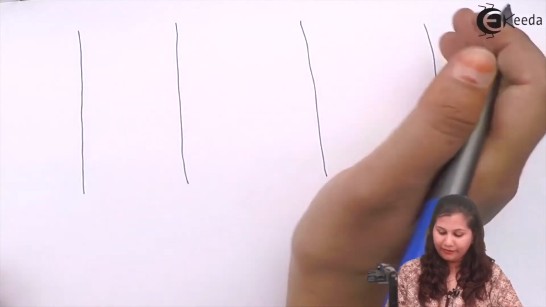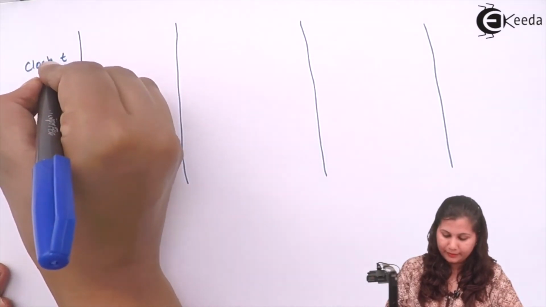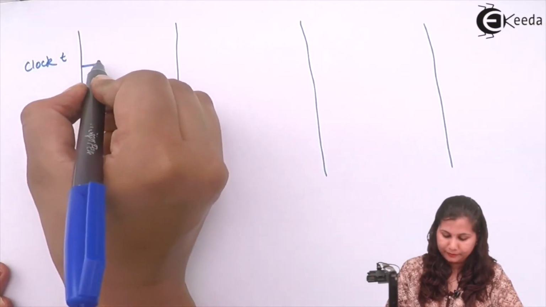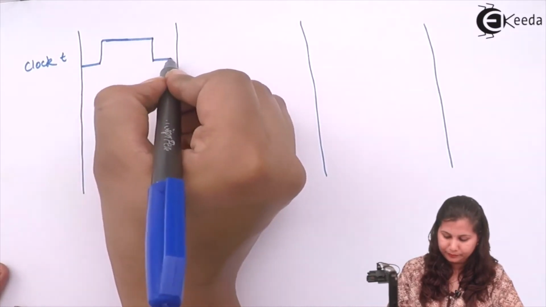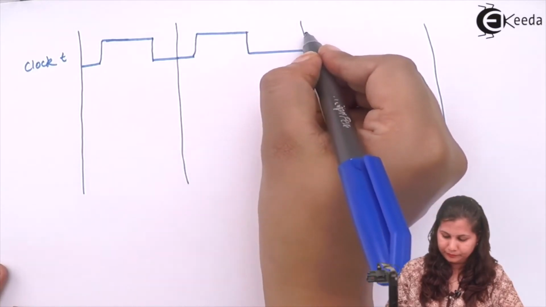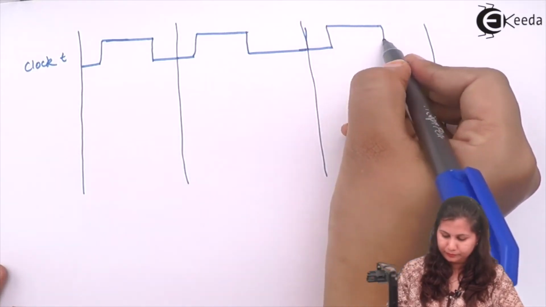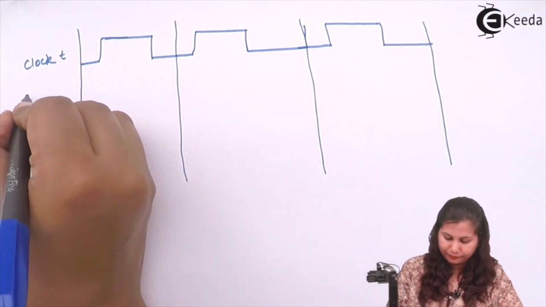Here we have divided a clock period. This is the clock pulse. Now we have an input here.